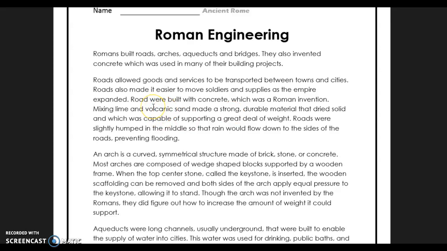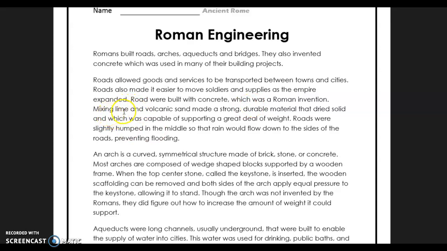Let's continue. Roads were built with concrete, which was a Roman invention. So as I said, roads were built with concrete, baton, which was the Roman invention. They created the concrete. Imagine. Today we build buildings because of the Romans. How did they create it?